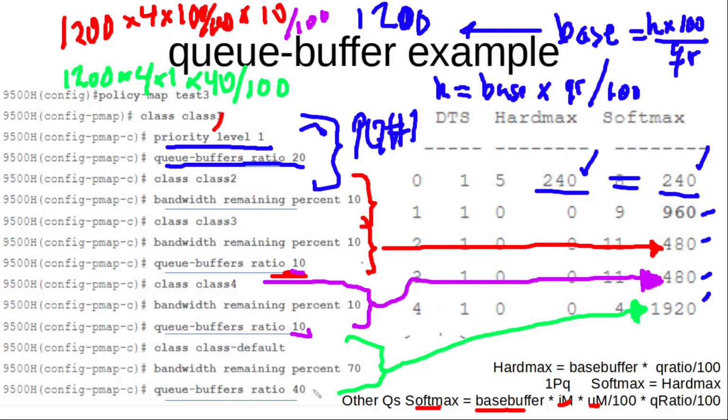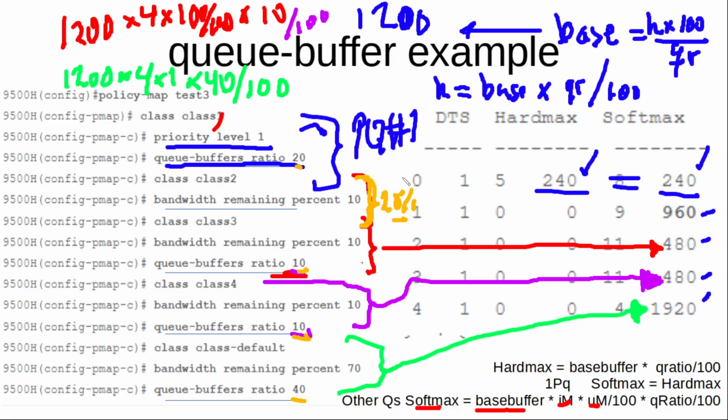Given this is 40% and 10% and 10% and 60 plus 20% here, we can conclude that this queue that doesn't have a percentage will actually get 20% in order to reach 100%. If we add 40 plus 10 plus 10 plus 20 plus 20, we have 100%.